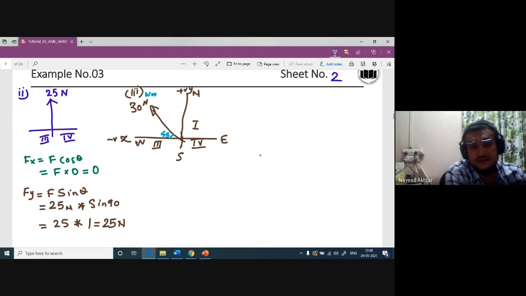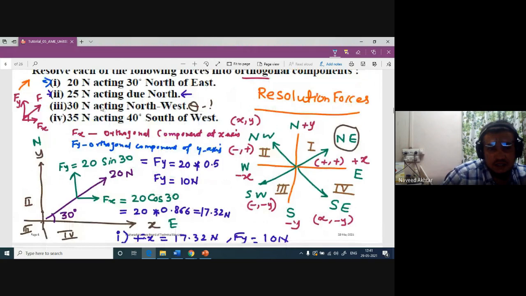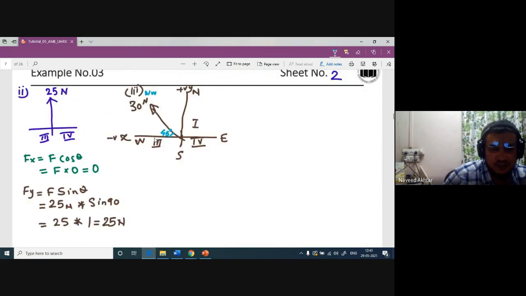If angle is not given, it means this force is acting exactly northwest, and if it is exactly northwest, the angle it makes is half of 90 degrees, that is 45 degrees.